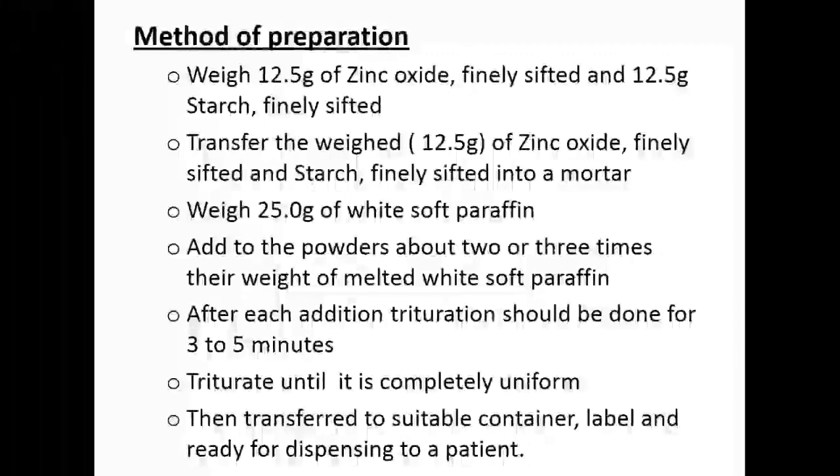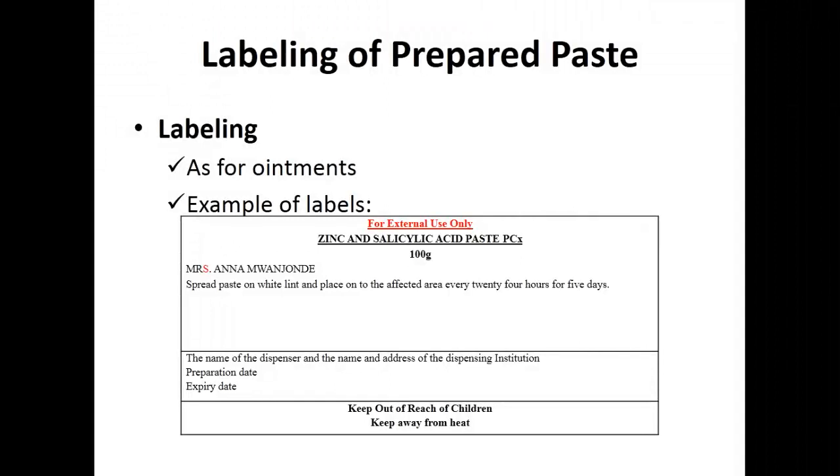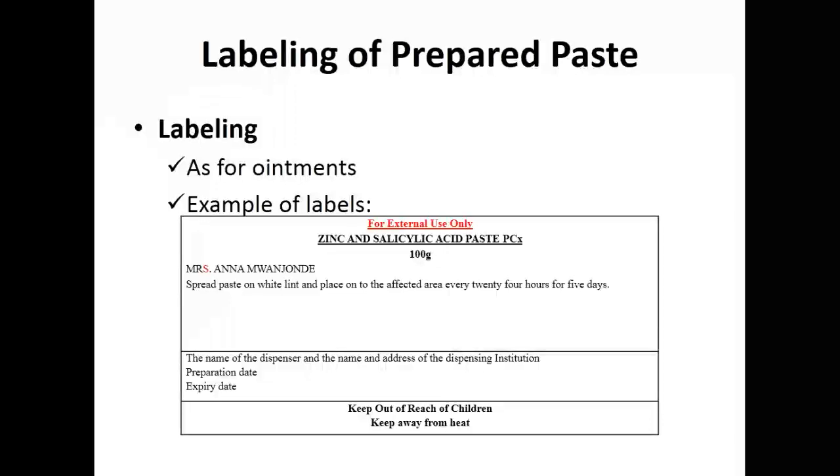compounding procedure. Then baada ya hapo kabla ya kuandika label utaandika uses of whole preparation. Ukienda kule kwenye handbook, Pharmaceutical handbook, kuna ile use of whole preparation, use as an ingredient. Hiyo ni whole preparation. Lakini sasa kuna uses of each ingredient.